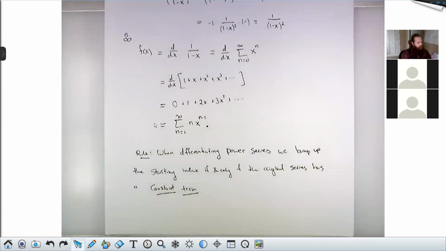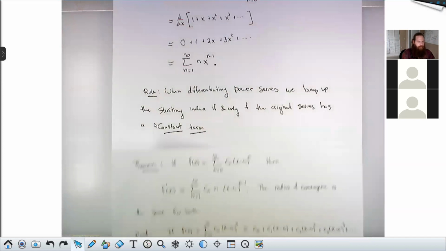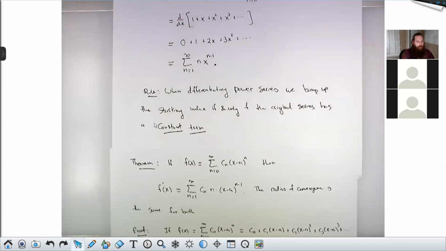In the theorem I gave you, we do bump the starting index because this most general form of the power series does have a constant term. The starting term here is C0 times x minus a to the 0, which is C0, a constant, has no x's. So in this theorem, we bump the starting index from n equals 0 to n equals 1, just like we did when solving this problem.